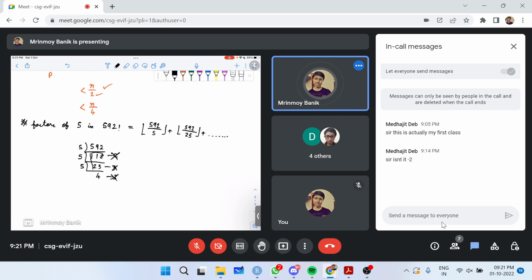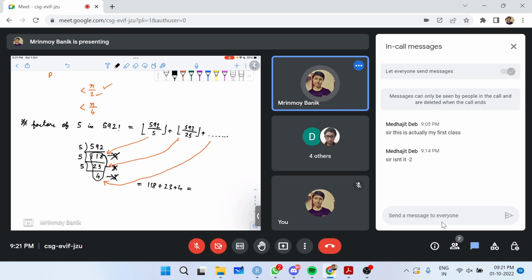So these are the corresponding values of the first floor, the second floor, and the third one. So then this basically evaluates to 118 plus 23 plus 4. And if you add them up, you get 140.